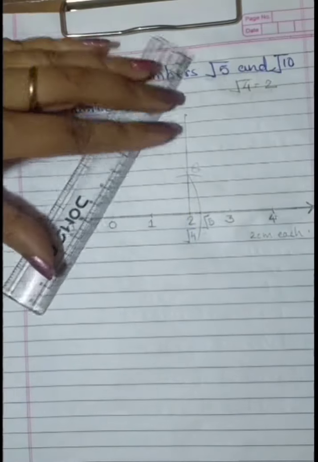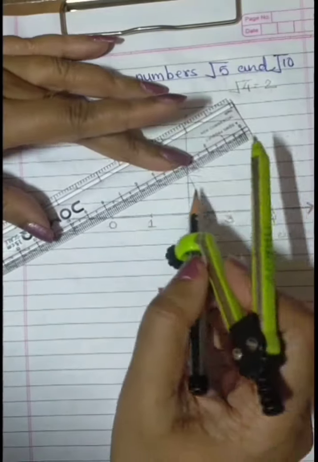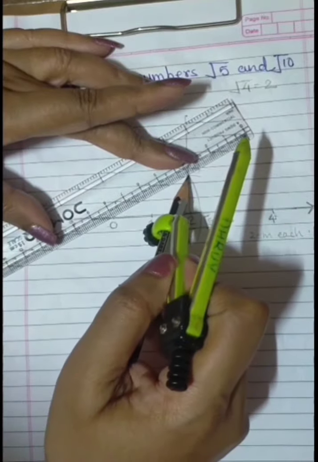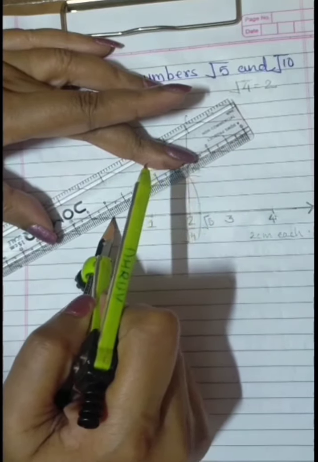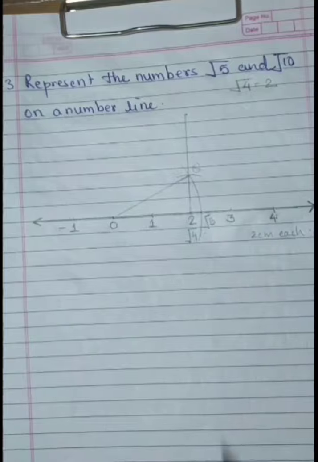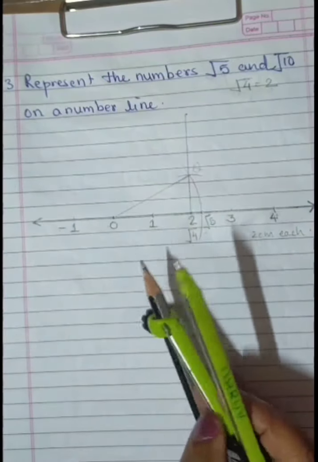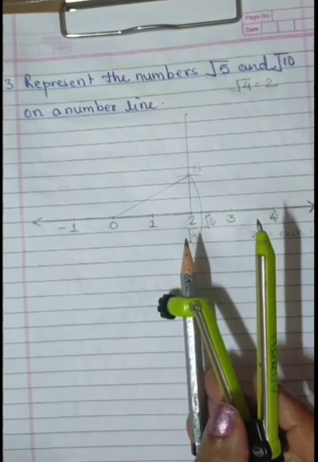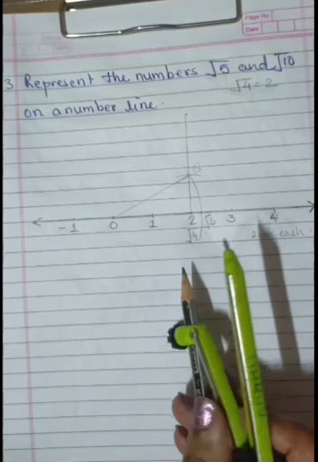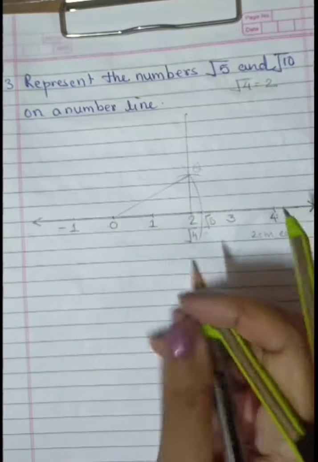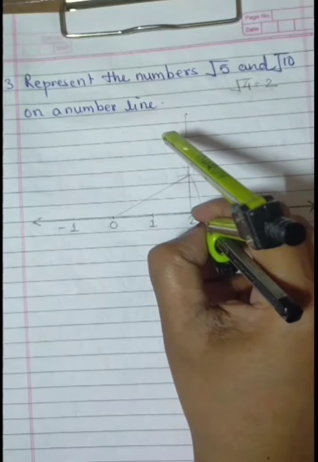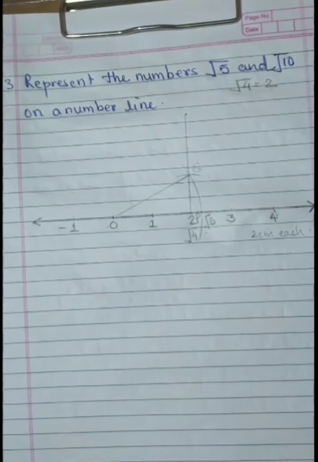After that we have to join this with 0. Now you can understand that we got a right angle triangle OPQ.